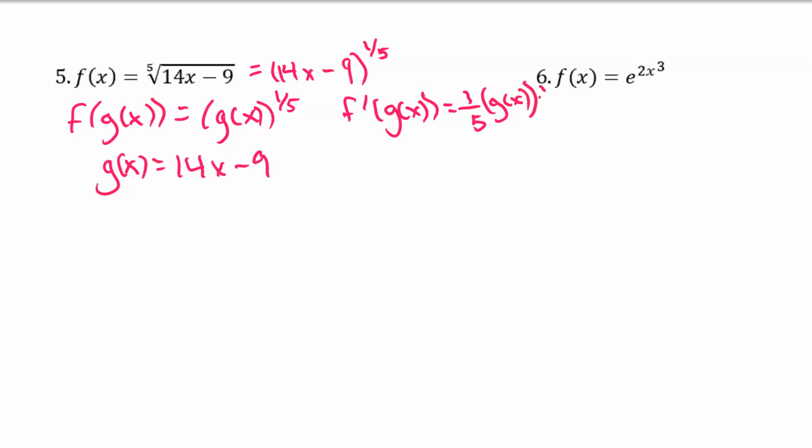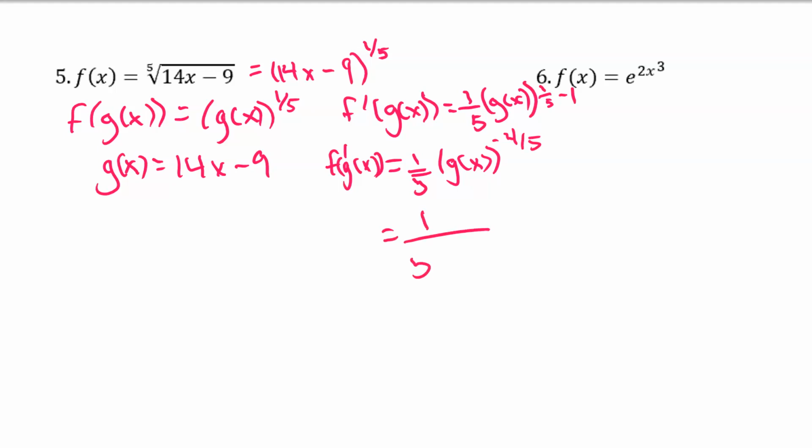So I've got, running out of space here, 1/5 minus 1. So I've got 1/5, and then g of x to the -4/5. The negative brings me down to the denominator.